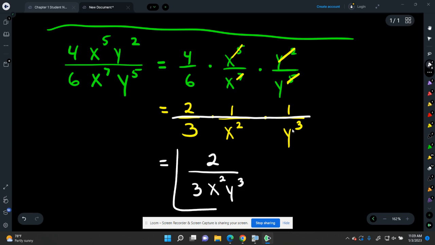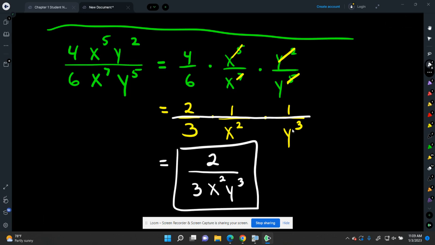And there's our answer. For now, I want to see you do this work. I want to see you written out like this. Can we only do this way if it's a fraction? If it's division, yes. Okay, let's do another one.